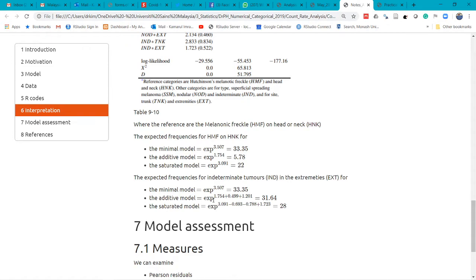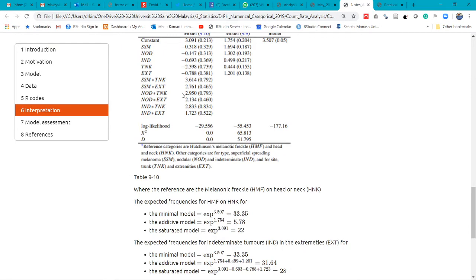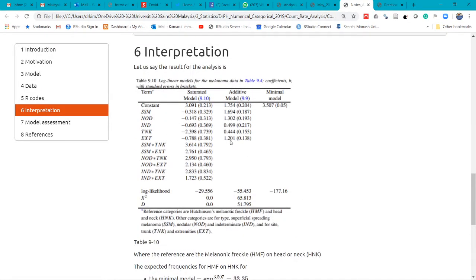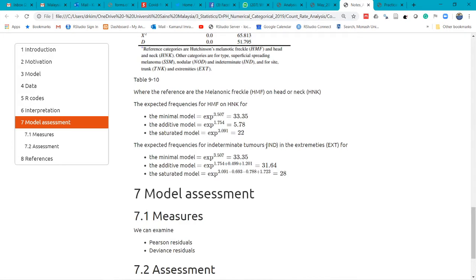The additive model is exponentiation of 1.75 and 0.499, which is this one here, and then 1.201, which is this one on the extremities, and indeterminate.